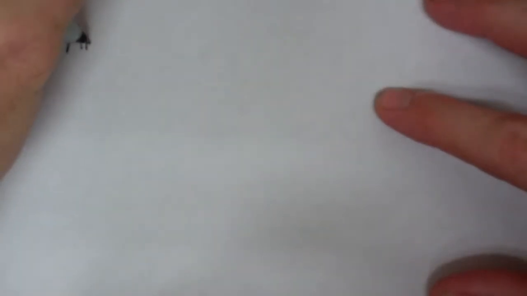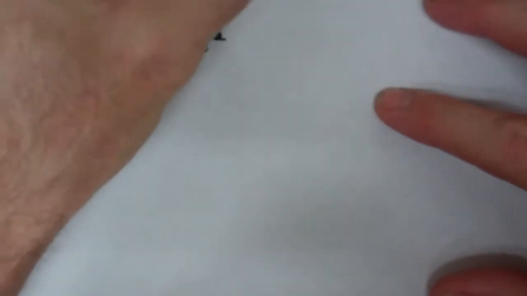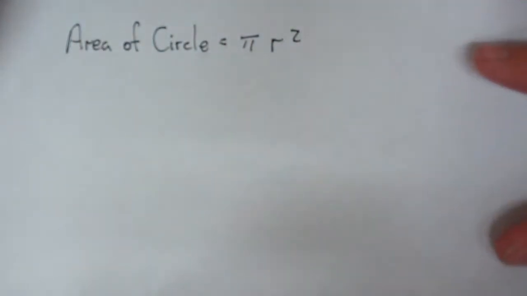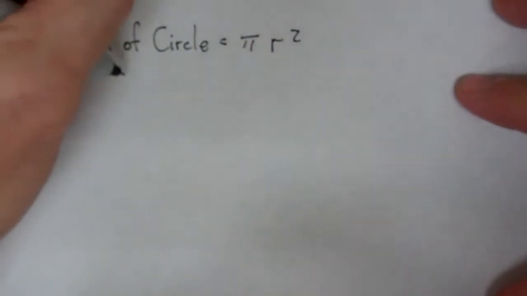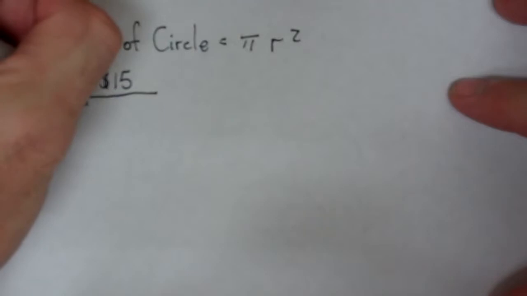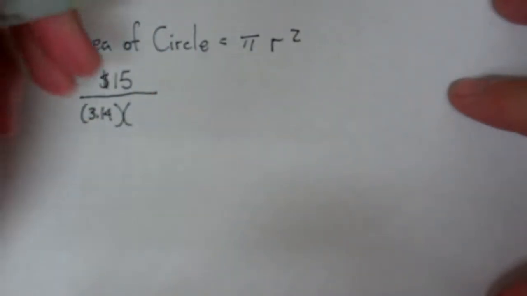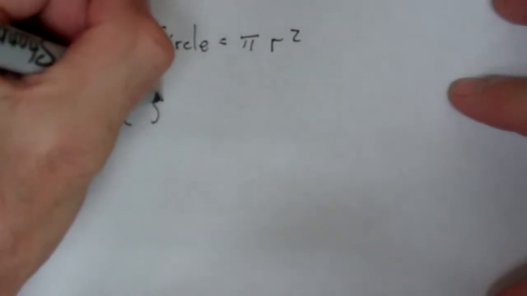Well, we're going to start off with the area formula. The area of a circle, everybody say it with me, is pi r squared. Okay? So as we're looking, we have the $15 over the area of the large pizza, which is going to be 3.14 times the r that's squared.